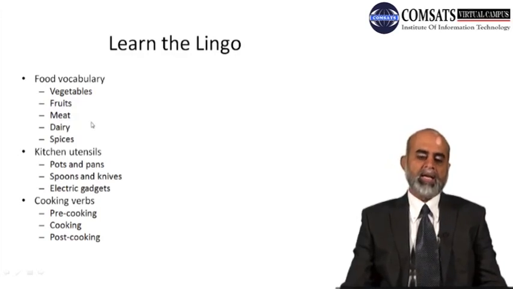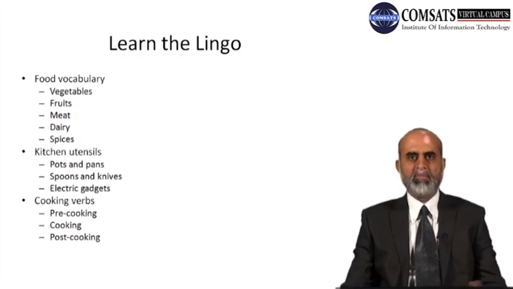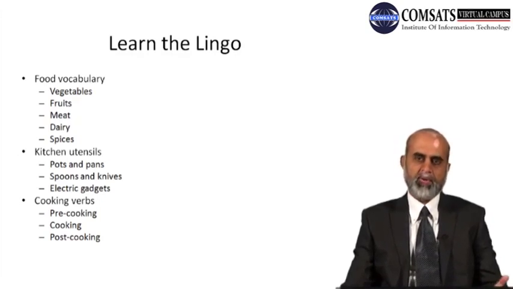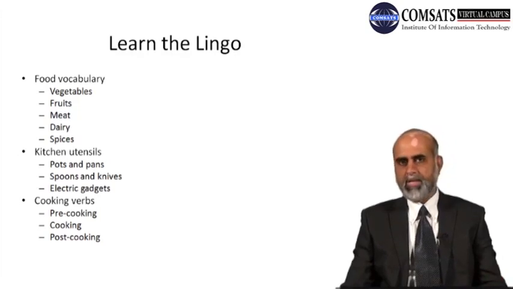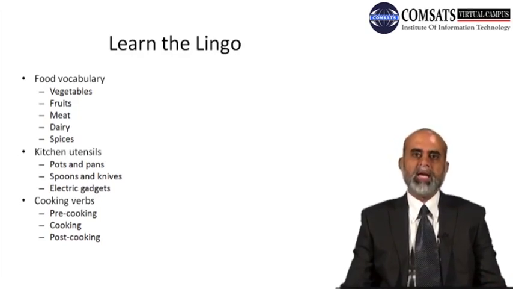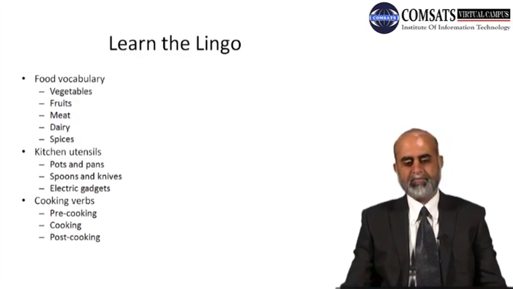Meat: in meat you have chicken, lamb, mutton, beef, and Muslims don't eat pork, but in English you would have lots of recipes that have ham or pork in them. Dairy: lots of dairy products like eggs and yogurt and cheese and milk, etc.